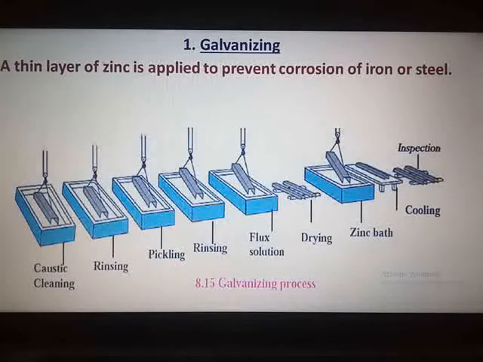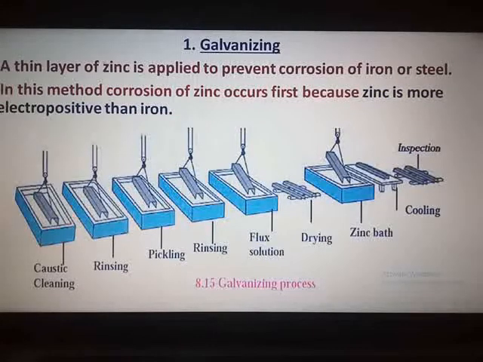As the zinc is applied on the surface of iron or steel, the corrosion of zinc occurs first, because zinc is more electropositive than iron. Then after a few rainy seasons you will find that the zinc layer goes away, and the inner iron gets exposed and starts rusting.